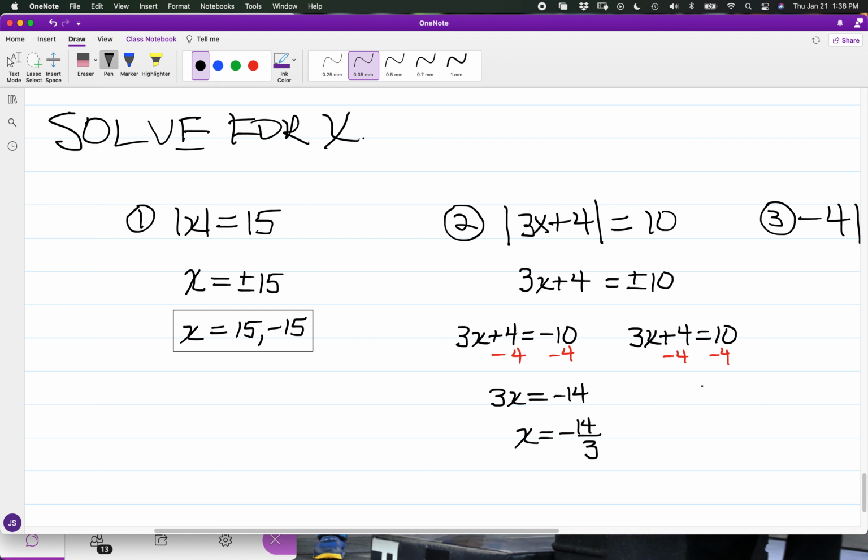Now for 3x plus 4 is equal to 10, taking away 4, we're going to have that 3x is equal to 6, and dividing by 3, 3 will go into 6 2 times. So for this equation, there'll be 2 possible values for x. It could be negative 14 thirds or 2.